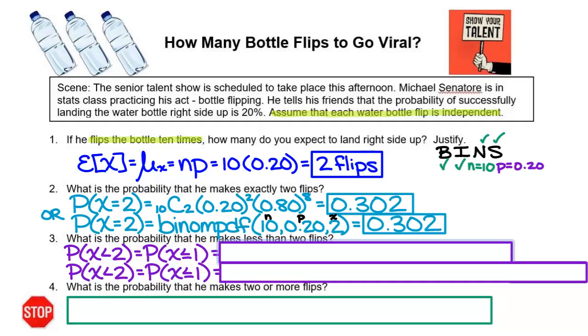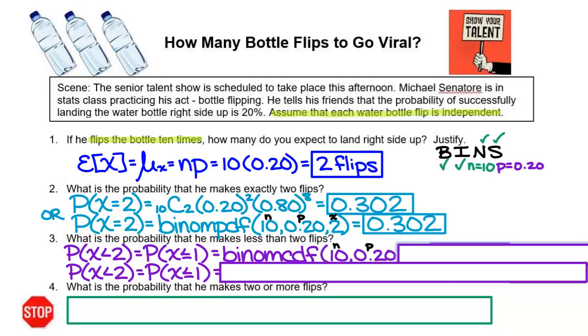You said we're going to do a binom CDF. What pieces of information do I need to feed into the calculator for a binom CDF? Trials, which is 10. What else? Probability of success, which is still 0.20. And then we have to give it what else?